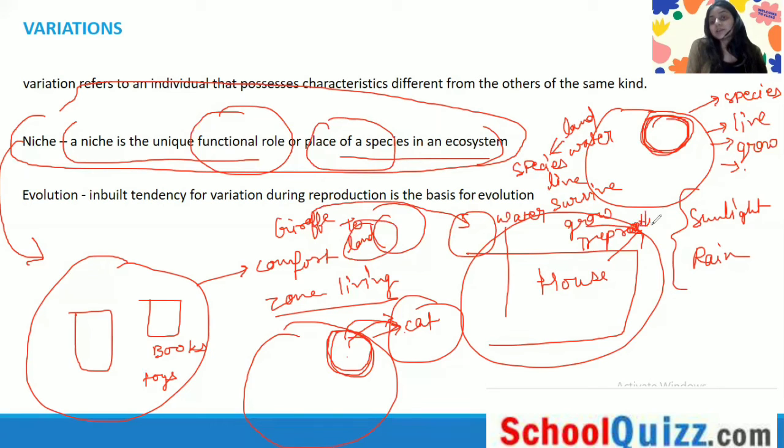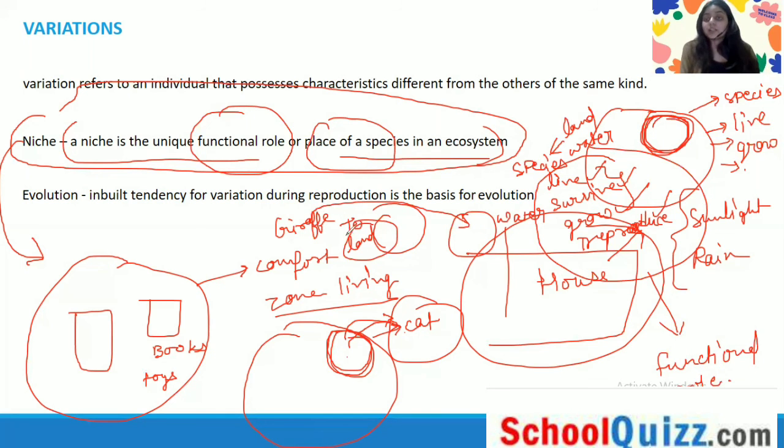So that place is the niche for that species. You can see here the living, surviving, growing, reproduction, or whatever is happening there. These are all the functional roles of the species. I hope the definition is clear for you. So a particular area in an ecosystem where the functional role of a species can be defined is called the niche of that species.